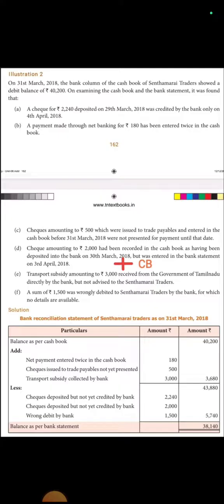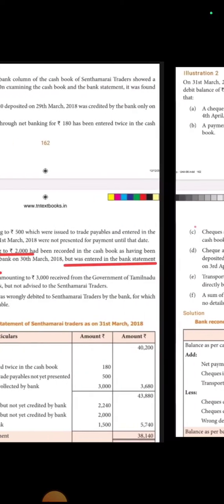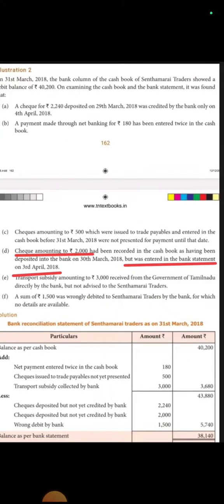That means after the deposited check, our cash book will be increased, right? Actually, what happened at the bank is on 3rd April only that 2000 rupees deposited check was entered. Listen, we prepared the bank reconciliation statement on 31st March 2018, but the check was entered on 3rd April only.